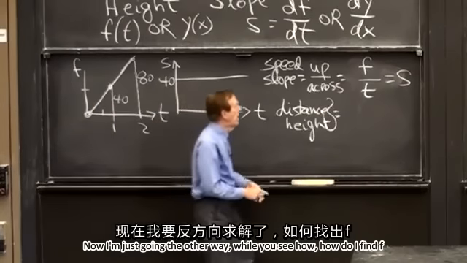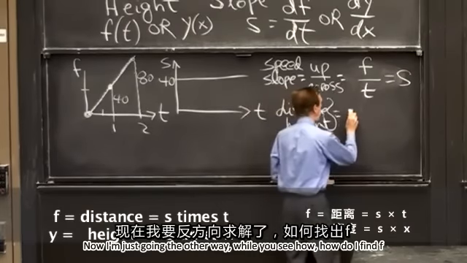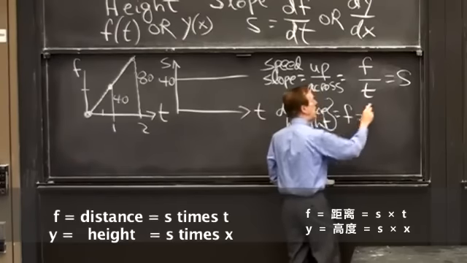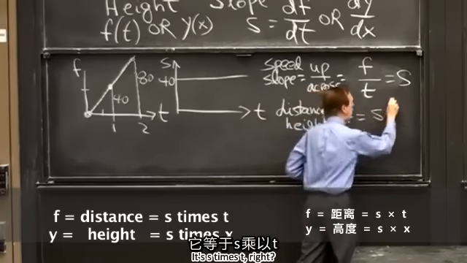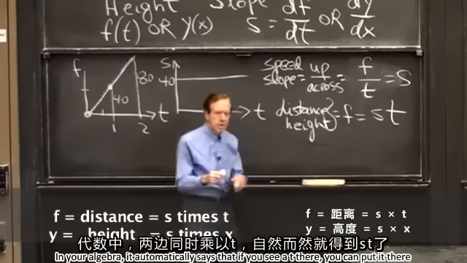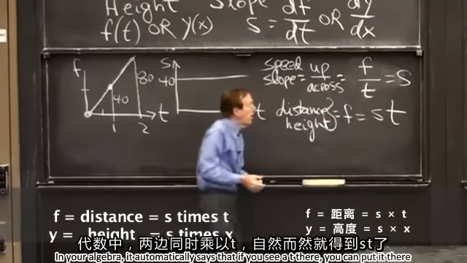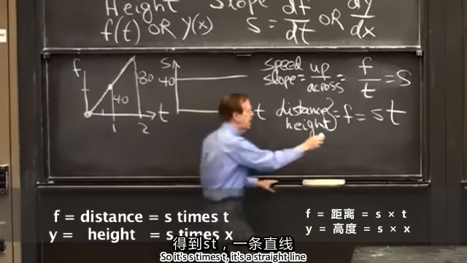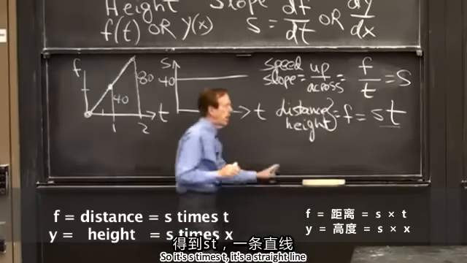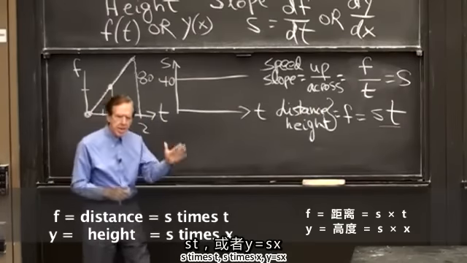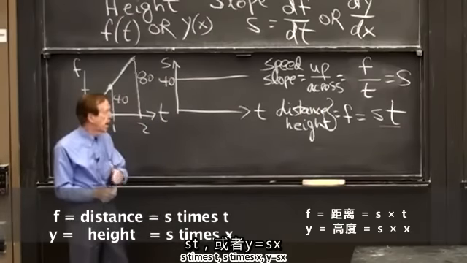Well, you see how. How do I find f? It's s times t, right? Your algebra automatically says if you see a t there, you can put it there. So it's s times t. It's a straight line. S times t, s times x, y equal sx.